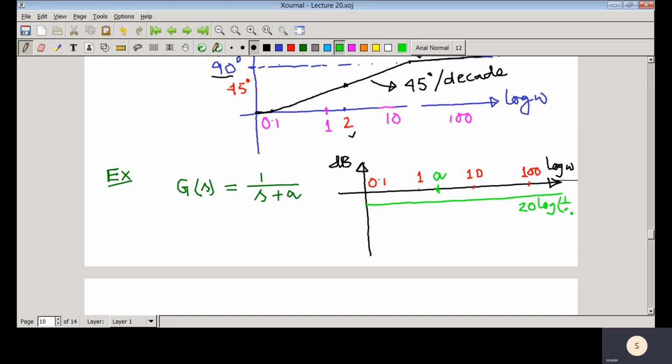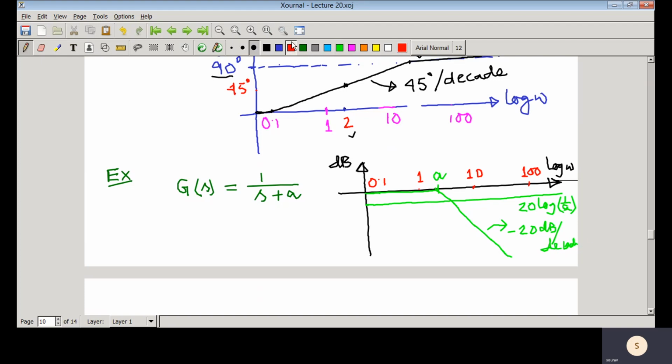And the asymptote for 1 by s plus a, that means 1 by s by a plus 1, would be like this, on the negative side, and this slope would be minus 20 dB per decade.